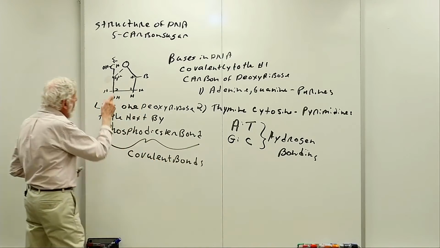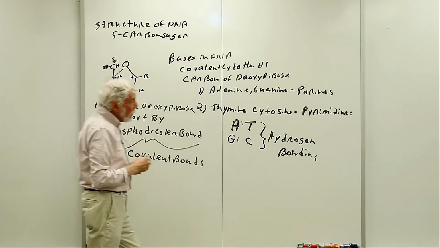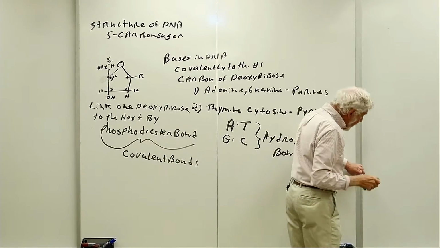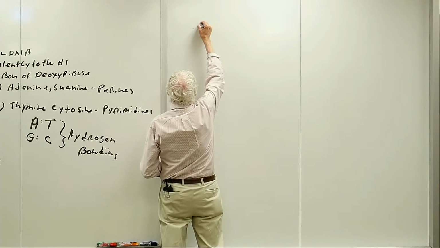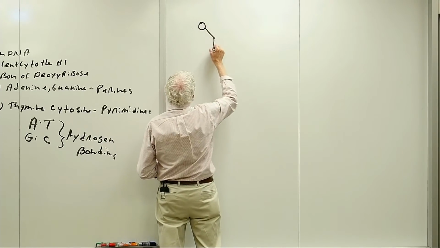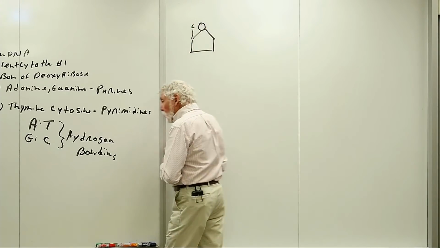Now let's take a moment and look at how we're going to form those phosphodiester bonds and how that's going to happen. And we'll do that over here on the right-hand panel. So here's our 5-carbon sugar with a carbon up here. Let me give myself some more room.